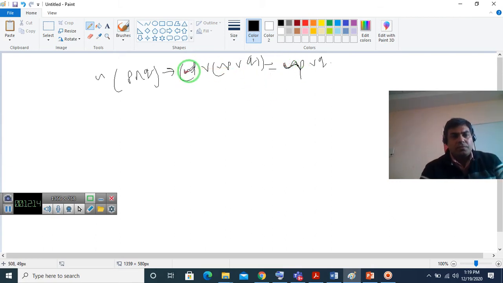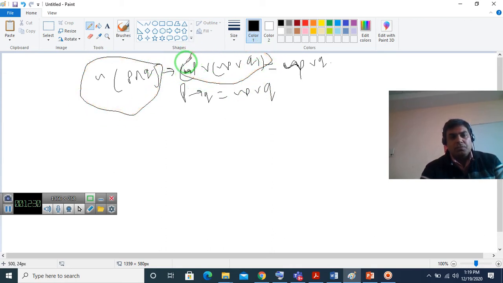So we know that p conditional q is equal to negation of p disjunction with q. So this plays the role of p and this plays the role of q.